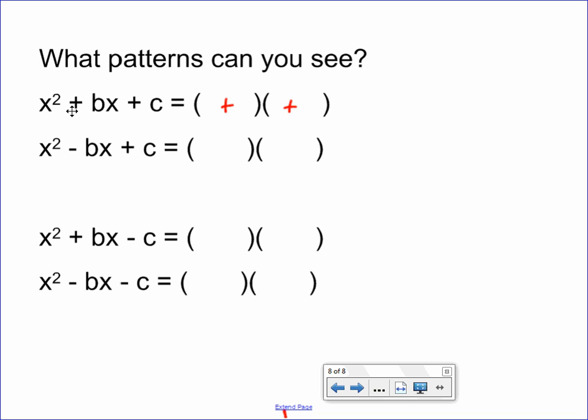If we have a negative and then a plus c, it's still a positive c, that would guarantee us that we've got two negatives. Okay, if we go to the next one, this time I've got a negative c. So the negative c would tell me that one of them had to be negative, one of them had to be positive, and the same thing in this last case. We just know that we got to have opposite signs.